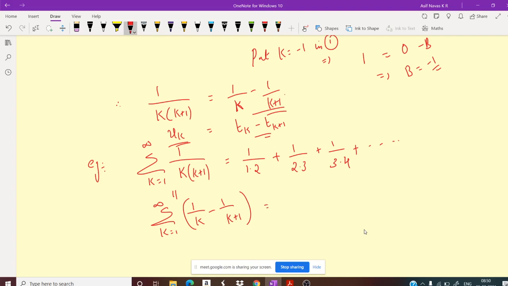So this series is actually equal to 1 by k minus 1 by k plus 1.